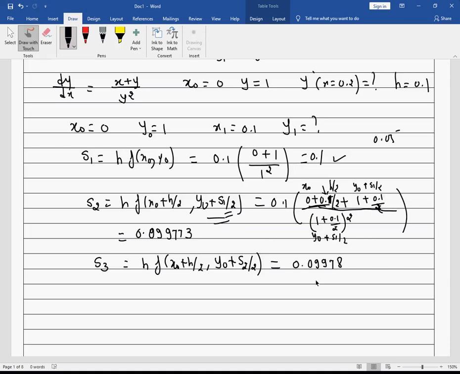Okay, so this is what I write. Up to this, everybody is providing the same answer. Okay, so now let's go for S4: h into f of x0 plus h and y0 plus s3. Okay, so now do let me know this answer.